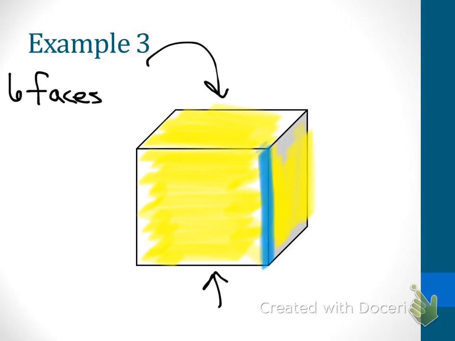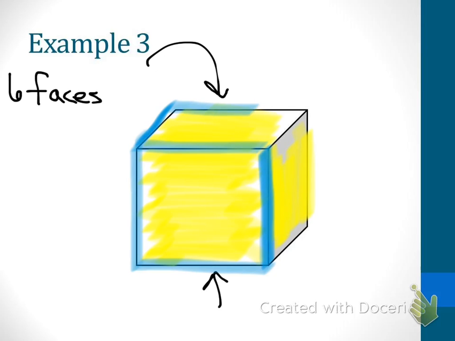So I have 1, 2, 3, 4 edges in the front. I've got 3 more on top, 5, 6, 7, 8, 9. And then how many edges do I have that I can't see? I have 2 more on the bottom and then 1 on the other side. So that is 12 edges.